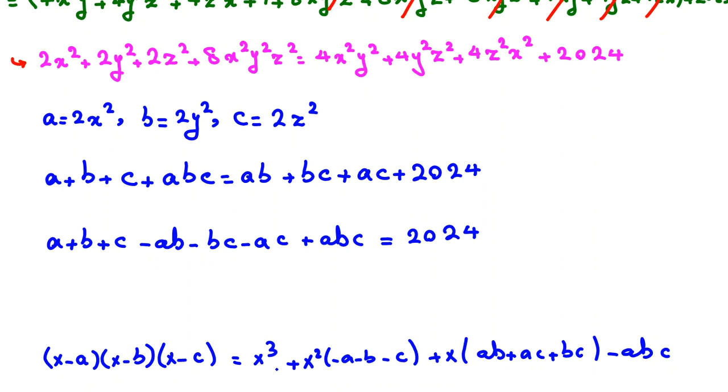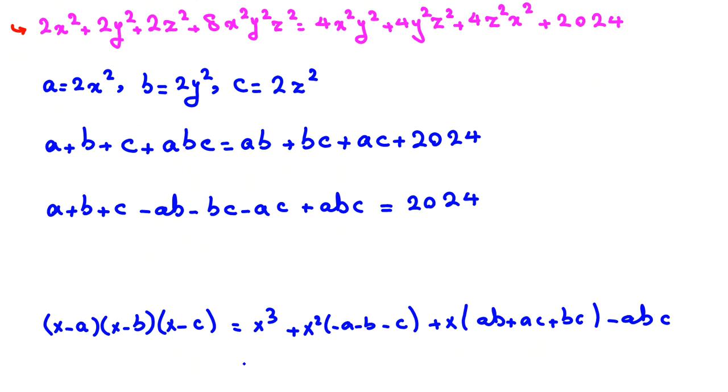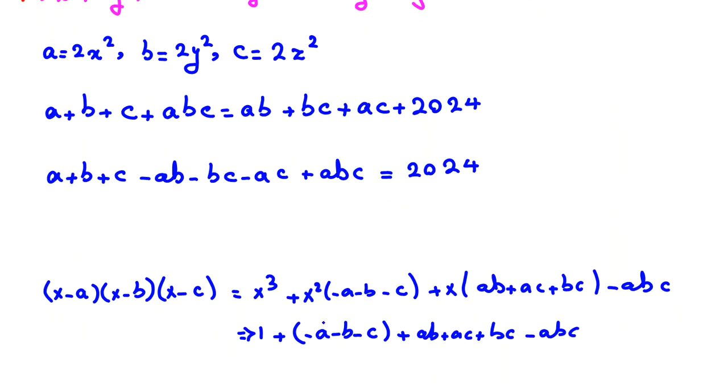And if you consider 1 here, it will be 1 plus negative a, negative b, negative c, plus ab plus ac plus bc, minus abc, if x is 1. As you can see, the signs are different, so we should multiply by negative 1.